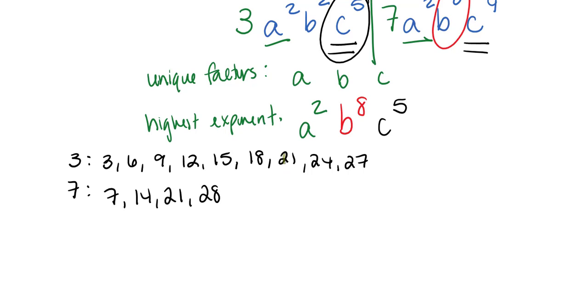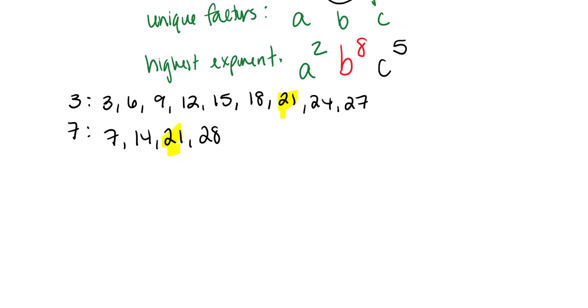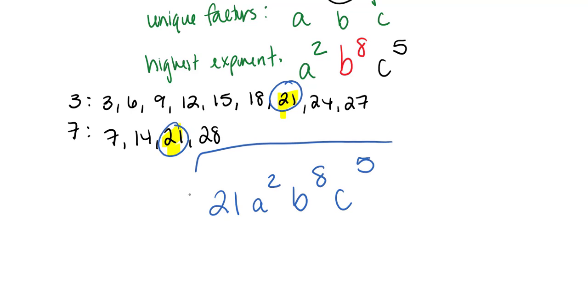We notice that 21 is going to be our least common multiple between these two. So what's our answer? Well, we're going to take 21. So 21 A squared, B to the 8th, C to the 5th. That was so bad, I'm going to rewrite that. C to the 5th. And that's our solution.